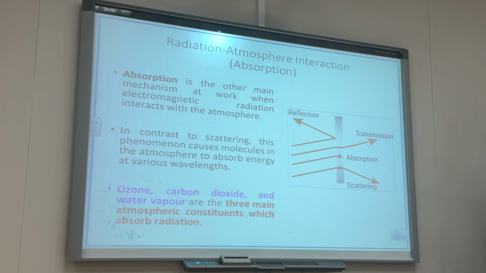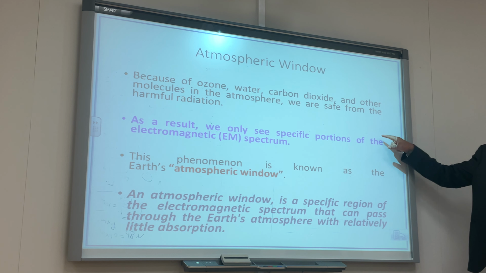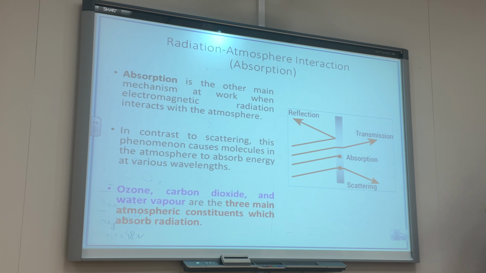So this is absorption. So when we are talking about the interaction of the electromagnetic radiation with the Earth's atmosphere, only the electromagnetic radiations which are transmitted through the Earth's atmosphere are helpful for remote sensing.